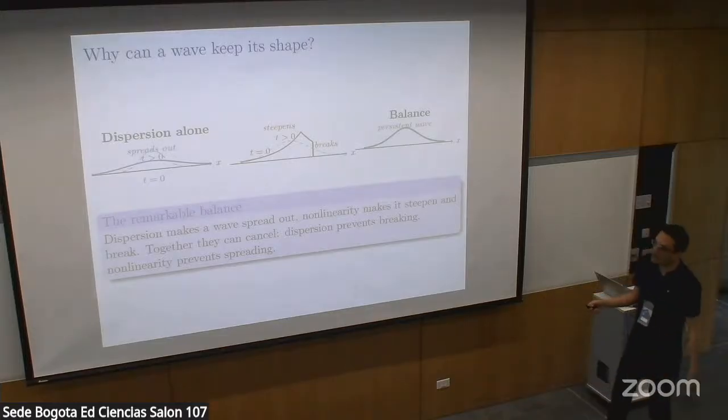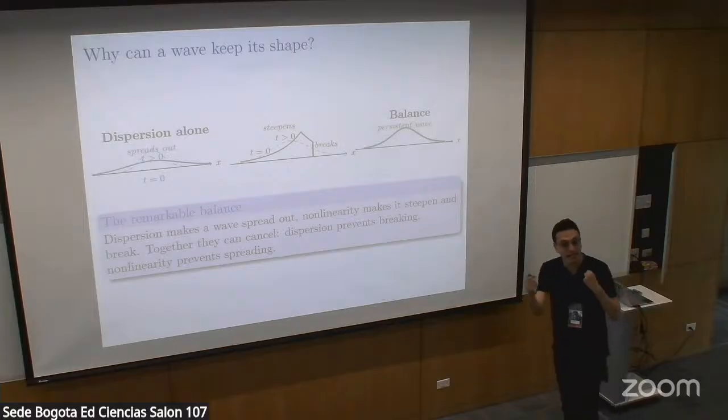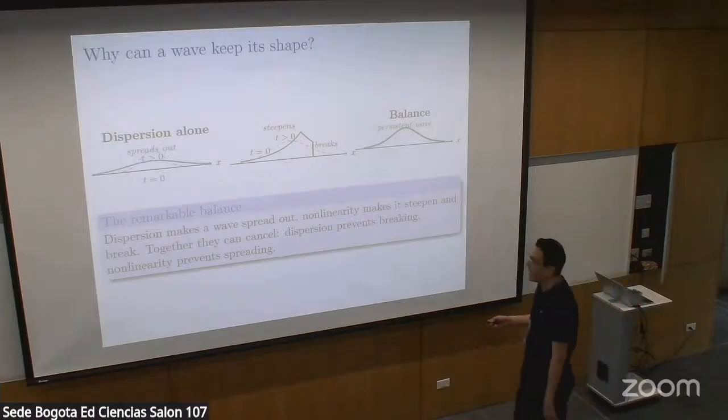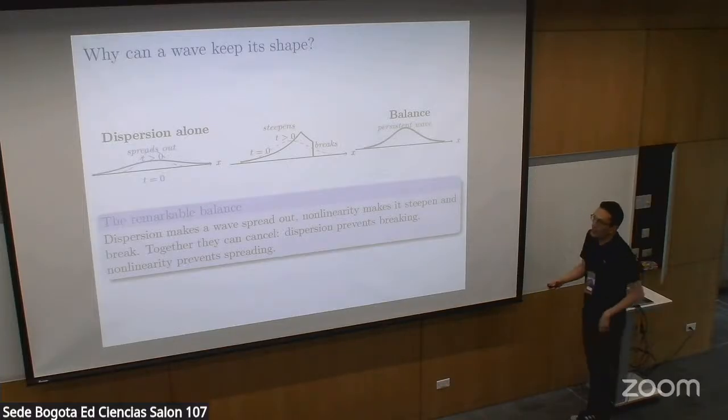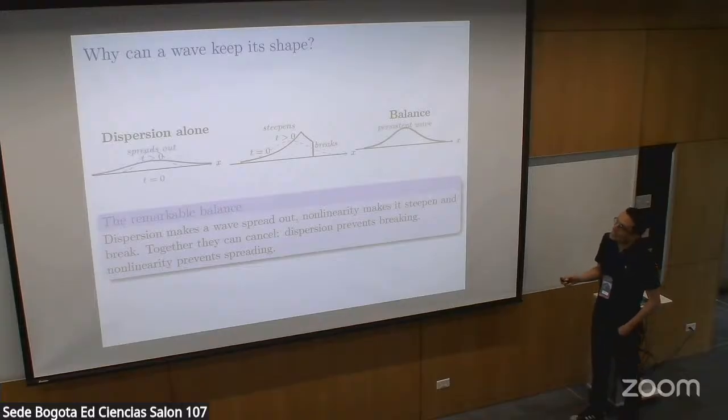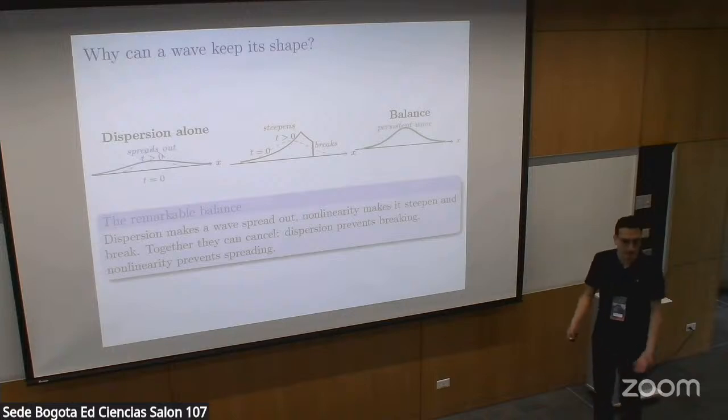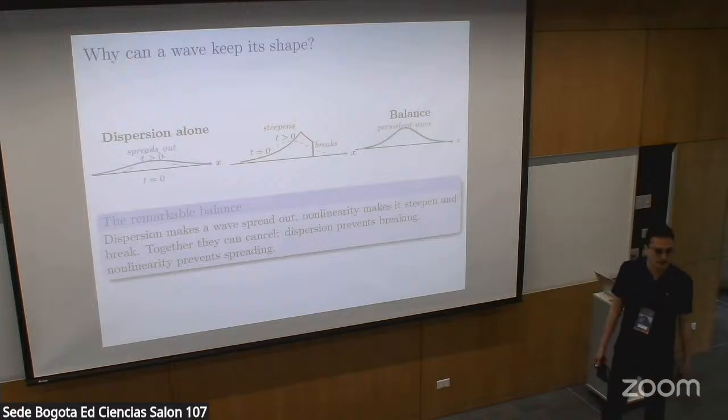So when you have both of them together, an equation with dispersion and nonlinearity, they are fighting, competing with each other. And at the end, you will see that the existence of those waves is because nonlinearity and dispersive effects compensate each other and create the magic. So the magic appears because of those two effects together.